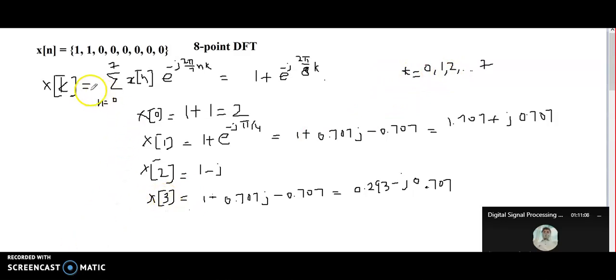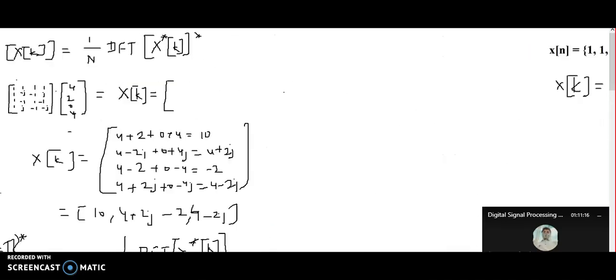बट वी नो दैट कि it is a real sequence, xn was real sequence, so we will be using complex conjugate property.